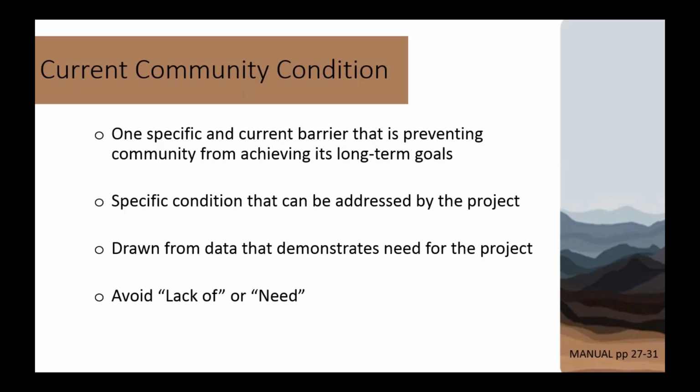It is supposed to be just the one brief statement. We suggest formatting. You can highlight it, you can bold it, you can put it in a box. It lets you and the reviewer know that this is our condition that we have and it's what this project will be addressing.